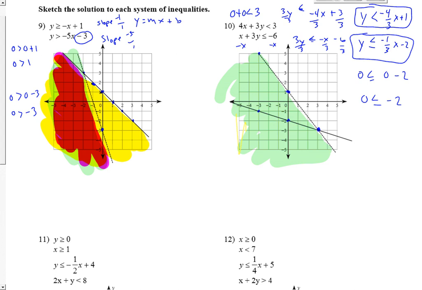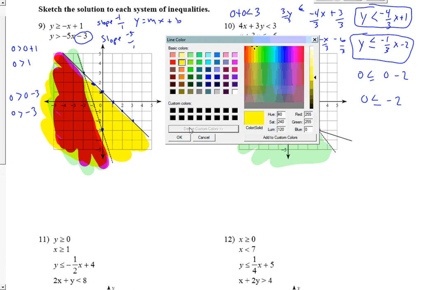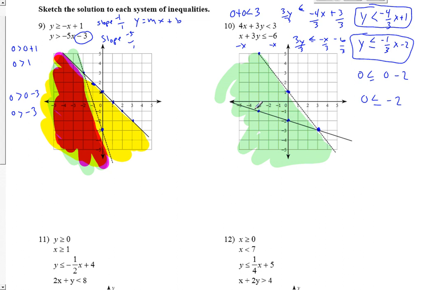We don't want to include the 0, 0 in our shading. All right. So that is right here, down below that line, away from the 0, 0.